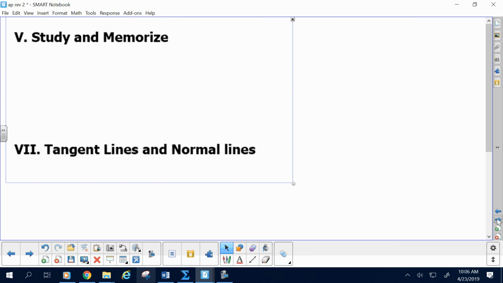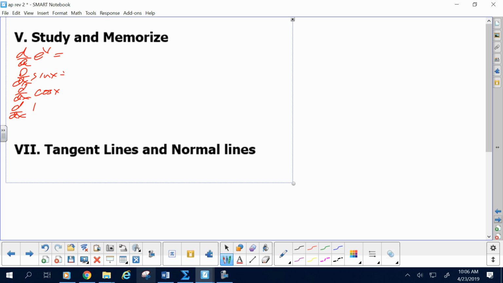Boom, study and memorize. Some of these you need to know down cold. I think you know the derivative of e, sine, and cosine, and log. Right? Those you have been doing a million times and you know all those, yes? Yes. Okay. Do you know the derivative of tangent?